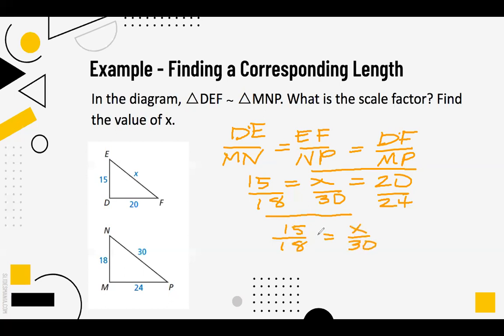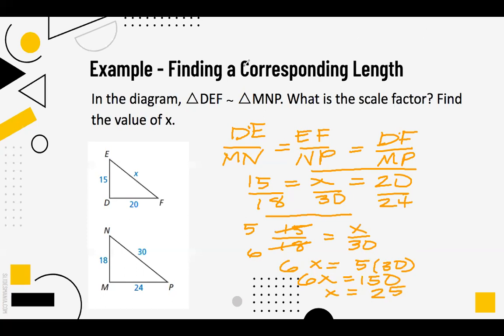I can reduce 15 over 18. 3 goes into 15 5 times and 3 goes into 18 6 times, so that gives me smaller numbers to work with. Now I have 6 times x is equal to 5 times 30. So 6x is equal to 150, and x will be equal to 25.